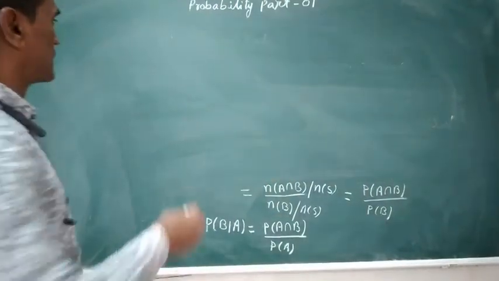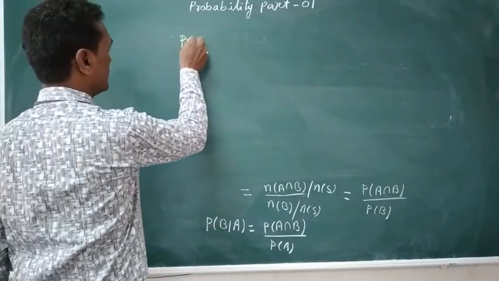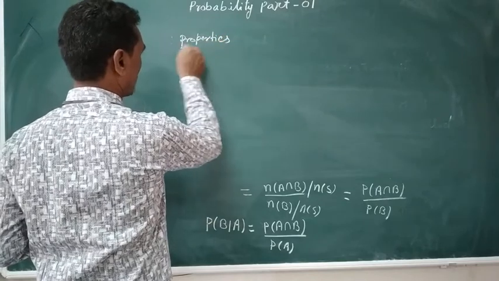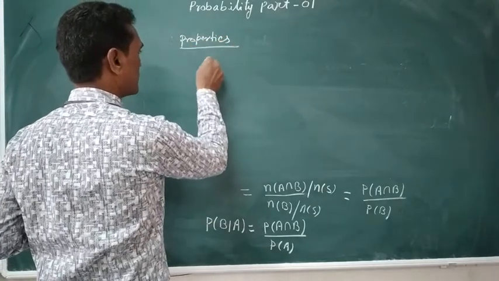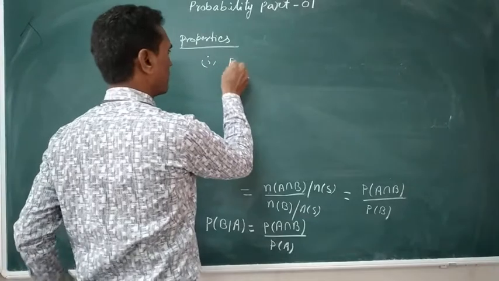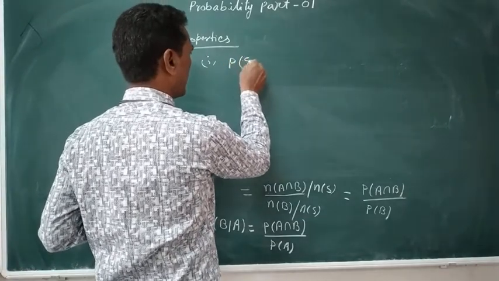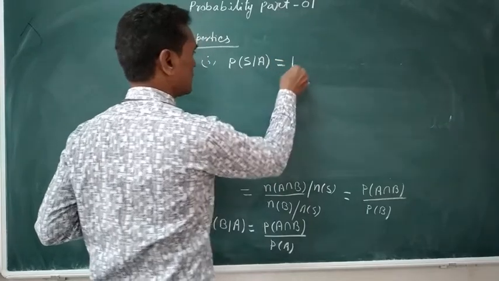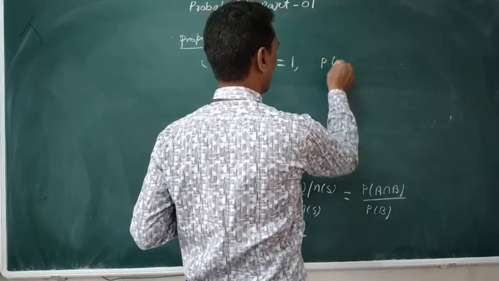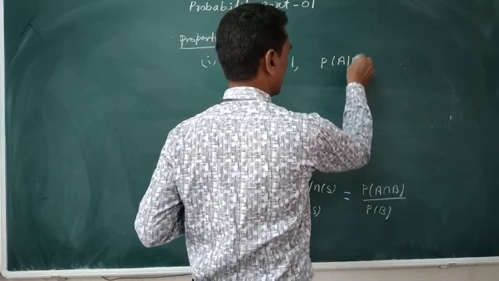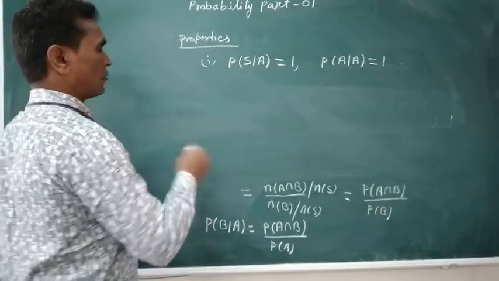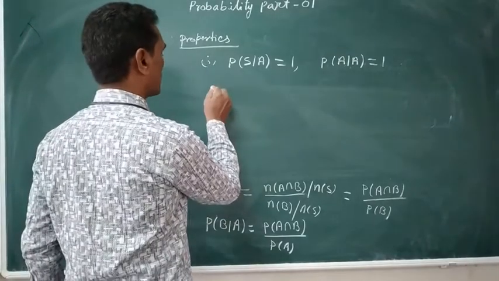Now some properties of conditional probability. The first property is P(S/A) is equal to 1, and P(A/A) will also be 1. How do we prove this?